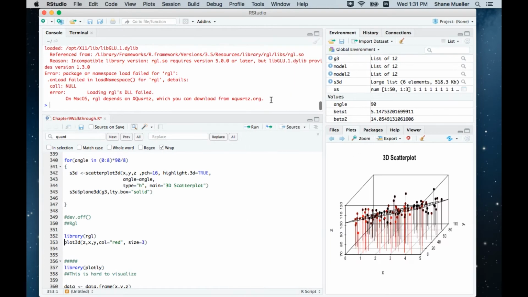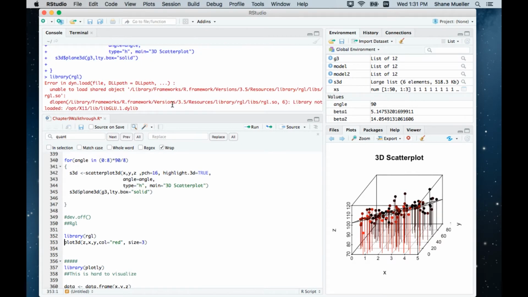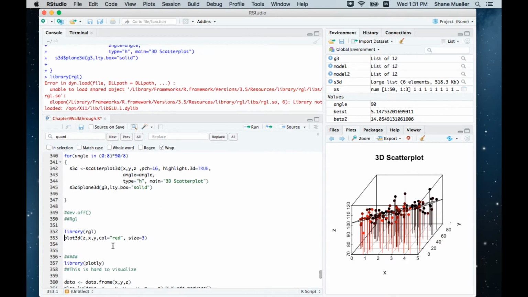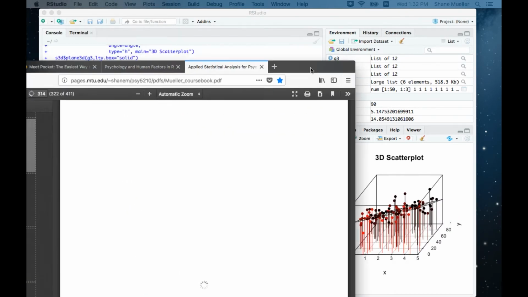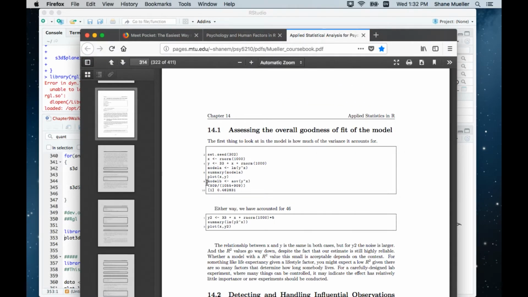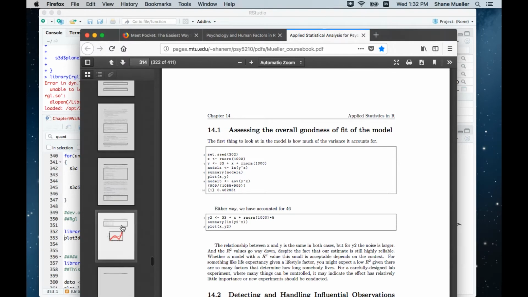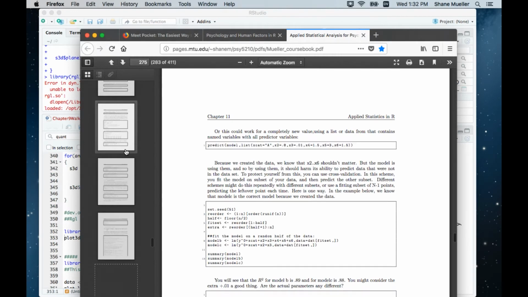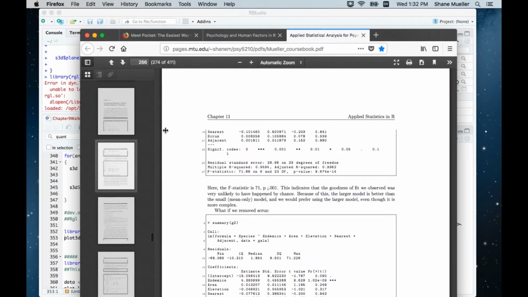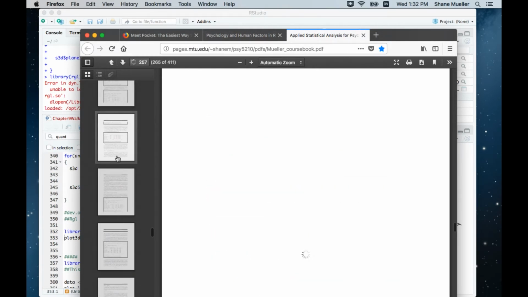So the rgl library, it looks like this won't work without installing other things. But the rgl library, which you can see a screenshot of in the course book, will let you dynamically explore the space, which might be available on some versions of R or some platforms.